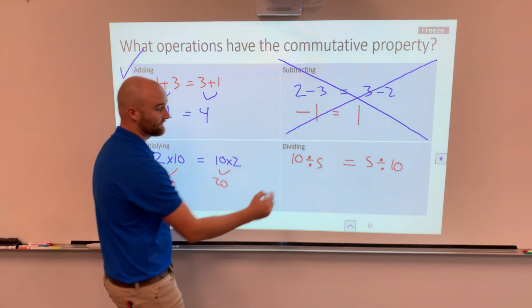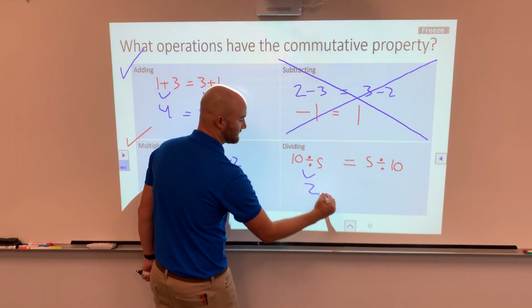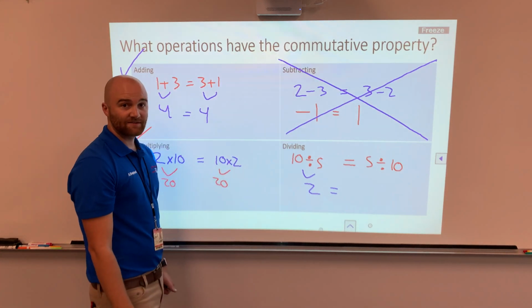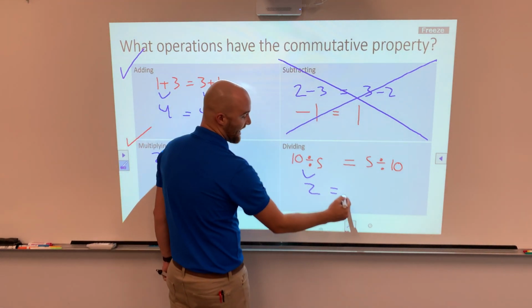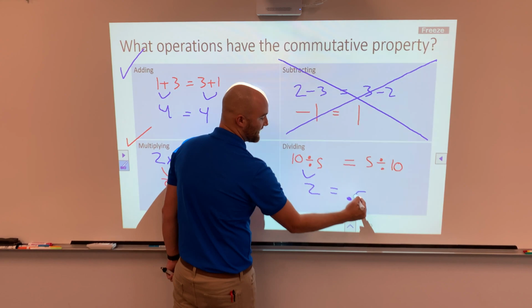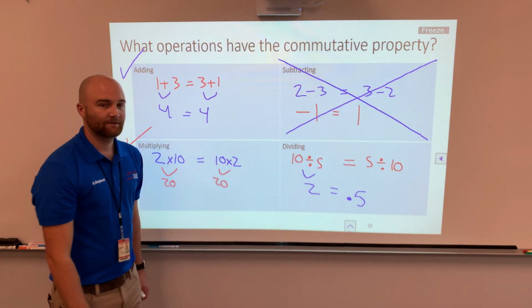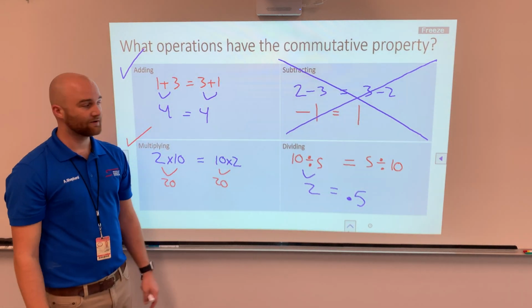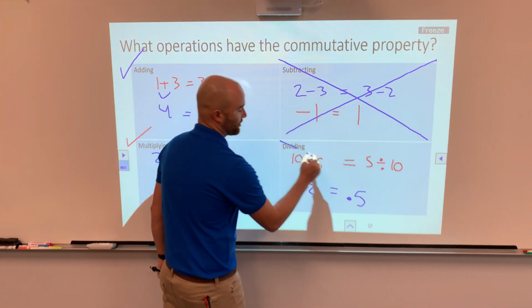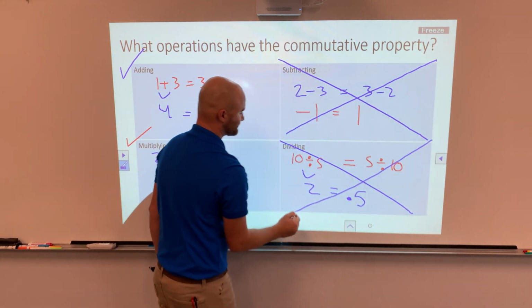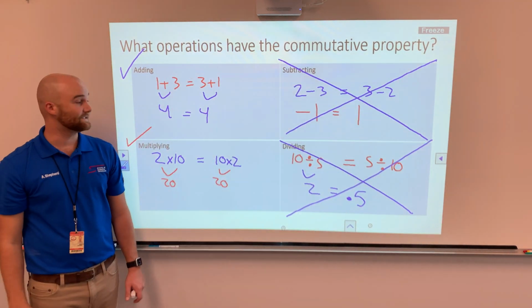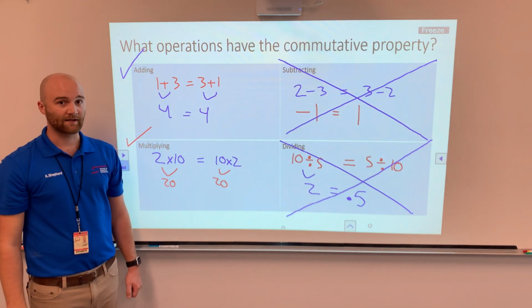Well, 10 divided by 5, that gives me 2. And 5 divided by 10, that gives me 1/2, or 0.5. Is 2 the same thing as 0.5? No, it's not. So I'm going to cross this whole thing off. The commutative property doesn't work for dividing.